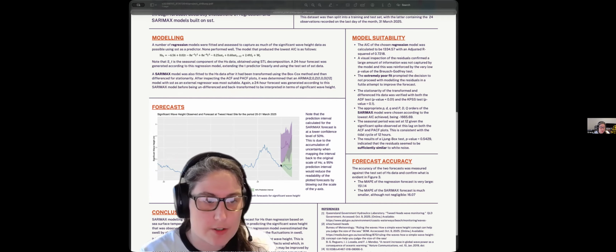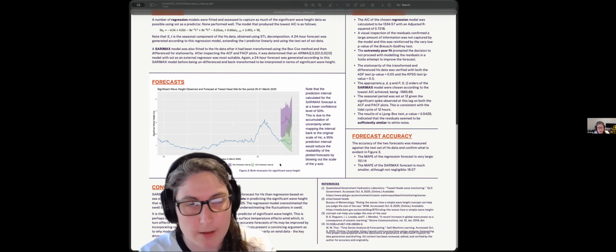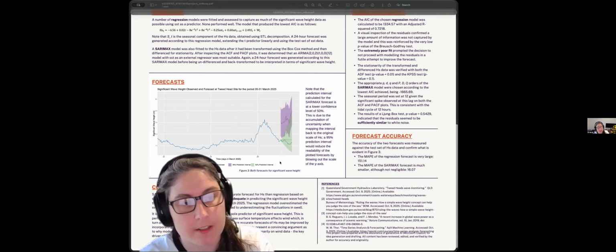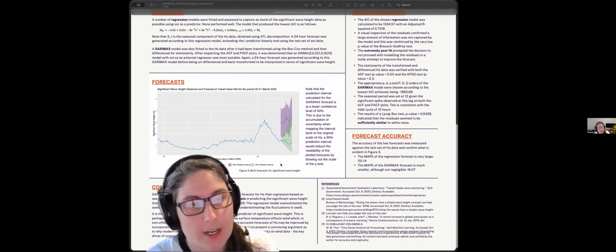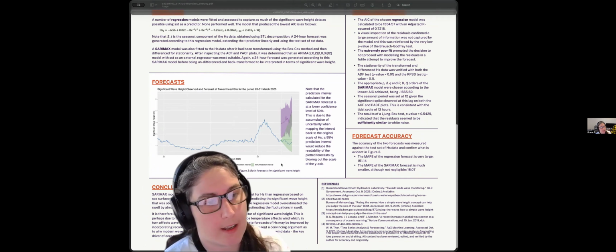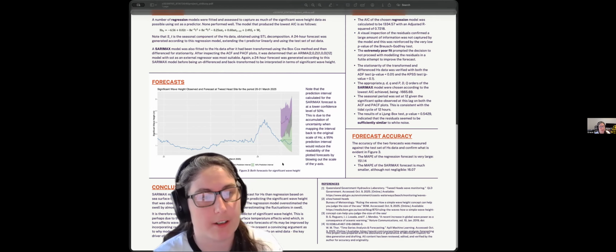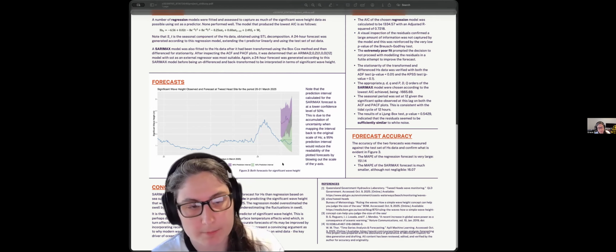And for those reasons, when looking at the accuracy of the purple regression forecast and the green SARIMAX forecast, it was determined that the surface temperature of the sea is not an adequate predictor for significant wave height.